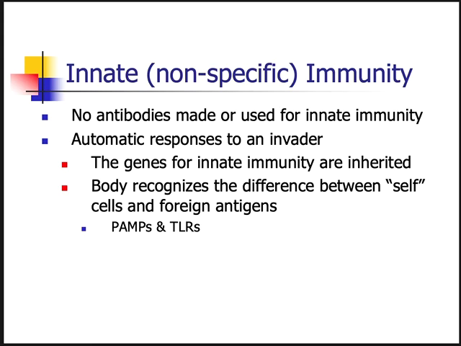Pretty much every part of its cell, or if it's a virus, any of its proteins. All the pathogen parts are going to be unique to pathogens and different from ourselves. And so we will use our toll-like receptors to recognize PAMPs, pathogen-associated molecular patterns.